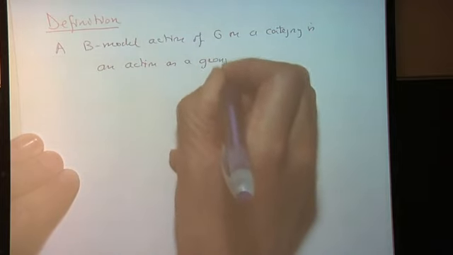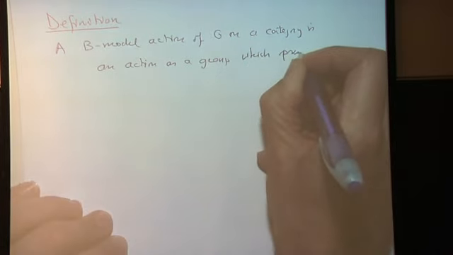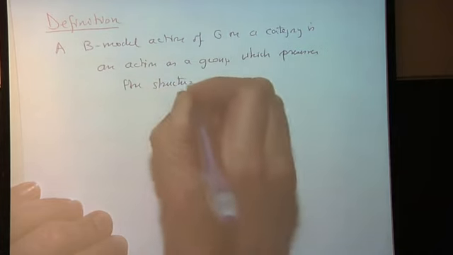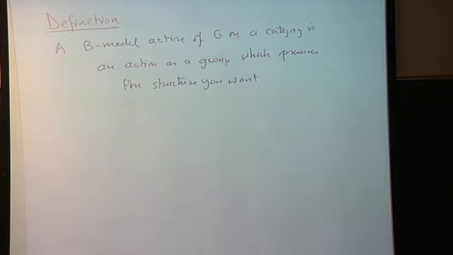We define that for discrete groups, which preserve the structure you want. The structure you want would be analytic, topological, continuous, smooth, or so on.